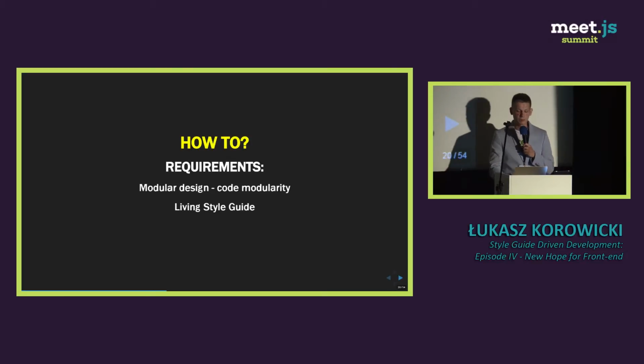The second requirement is a living style guide, because when we update some simple thing like a color, we don't want to get another set of PSD files, for example, 100 files for every view, just to see that a color changed. We want to see that one simple change changes the whole website or application.